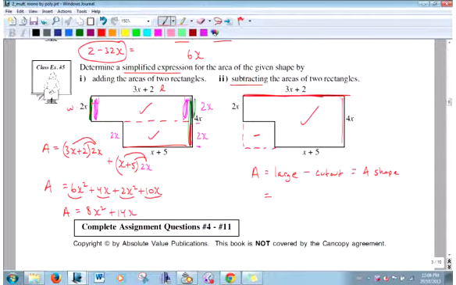Okay? So what's the area of the big thing? Length times width, 3x plus 2 times 4x, and now I got to minus this little chunk. What are the dimensions of that chunk? Well, remember I already found this length, right? What's 4x minus 2x? That's 2x. What's this length here?